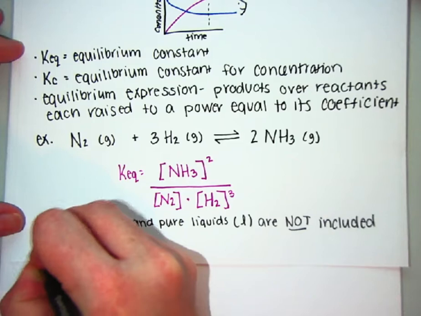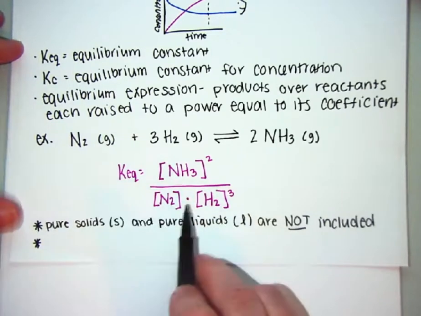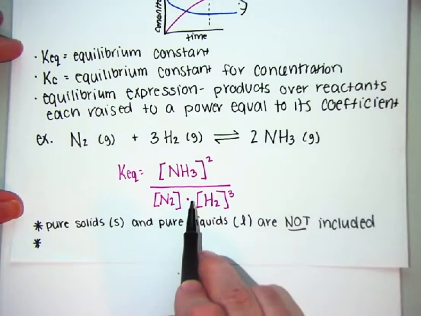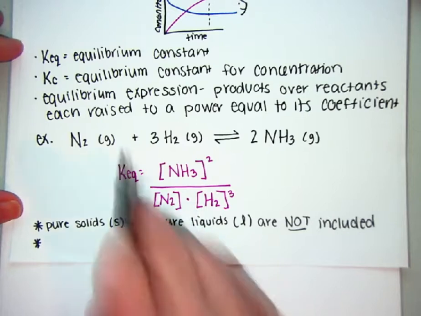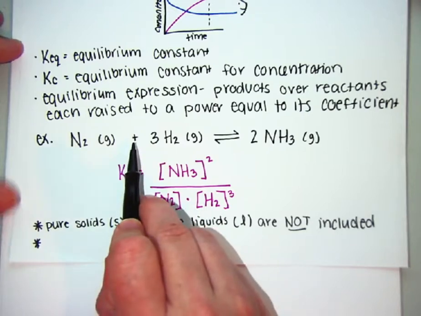Another spot that students commonly make mistakes is they try to add these two together since this plus sign is here.